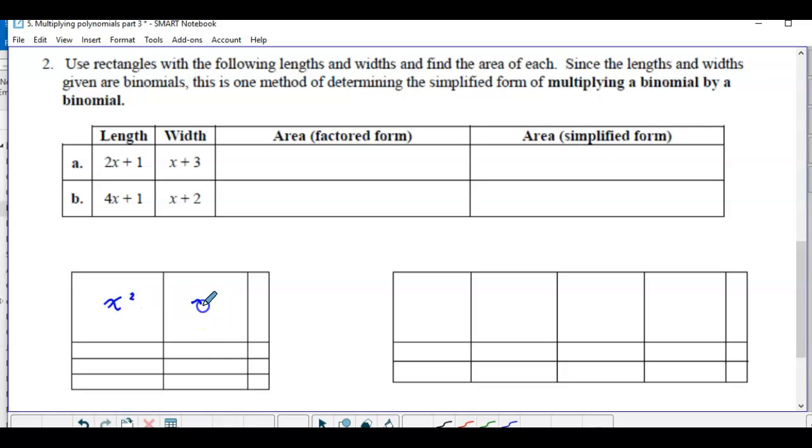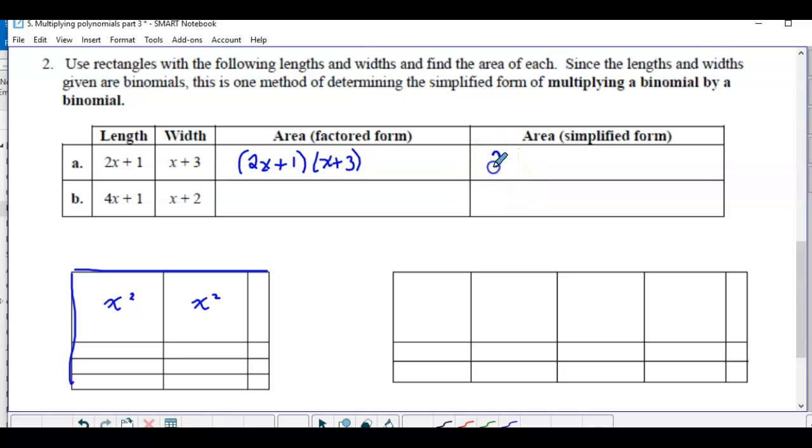And then the rectangles are x and the little ones are 1s. So across this whole side here is x plus 1, so that's 2x plus 1. This side here is x plus 3. So in factored form, we just show those in brackets.